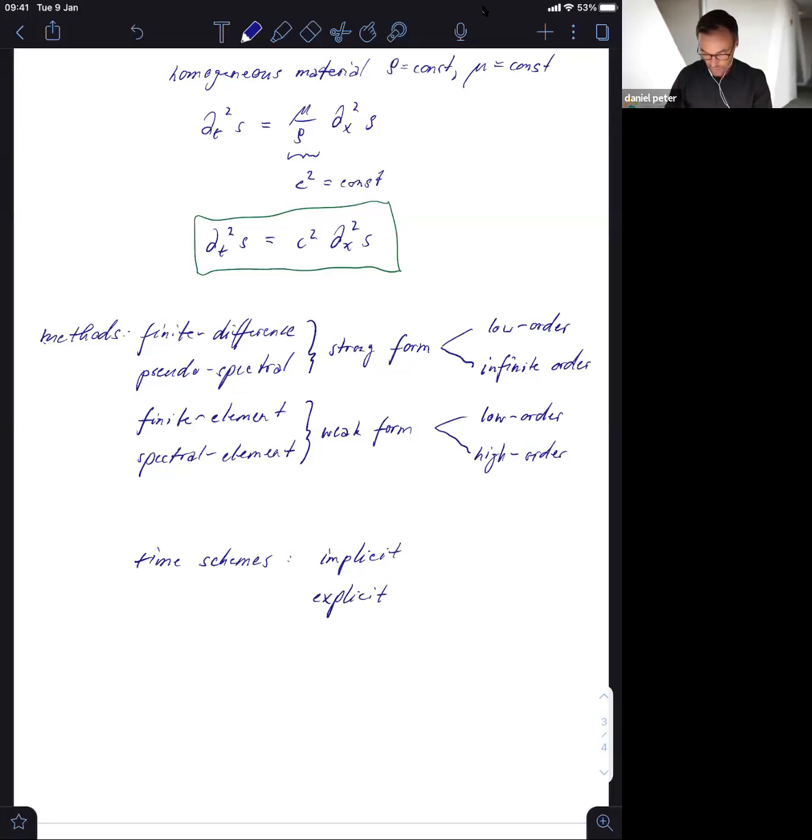And then when it comes to these explicit schemes, what was the main point here? About the stability? Conditionally stable. Right, so the explicit scheme was only conditionally stable.